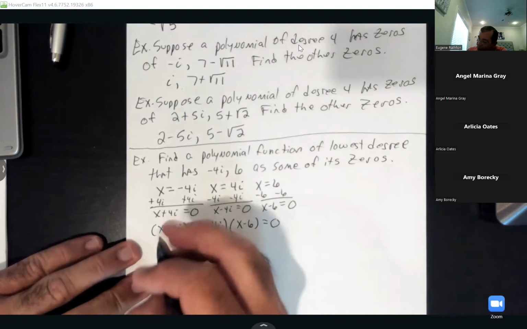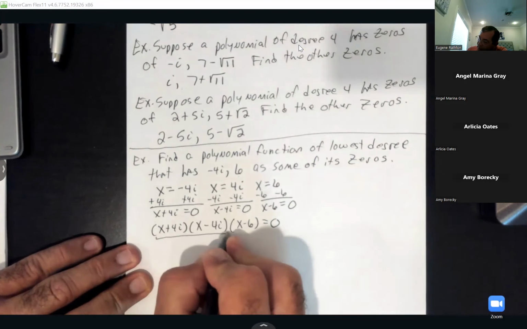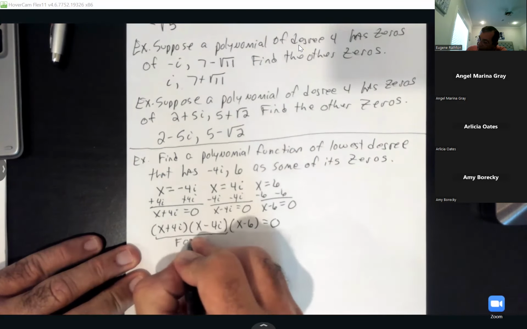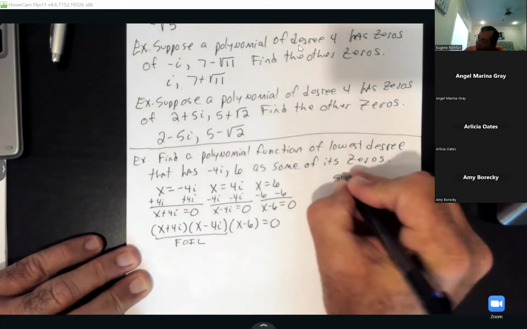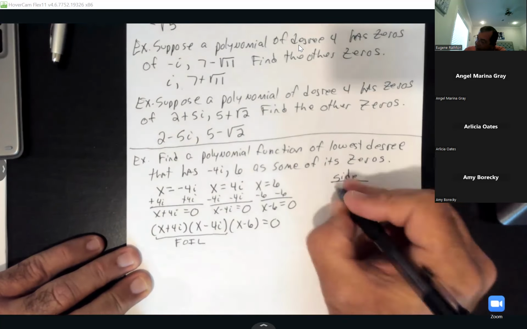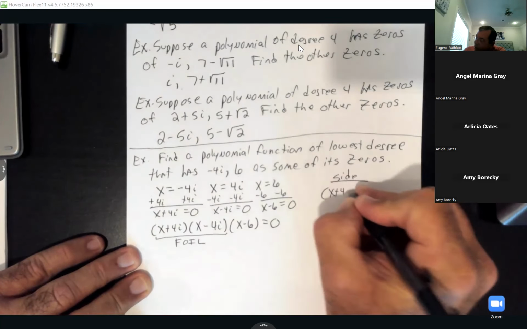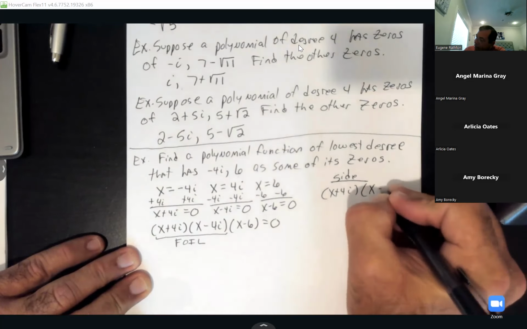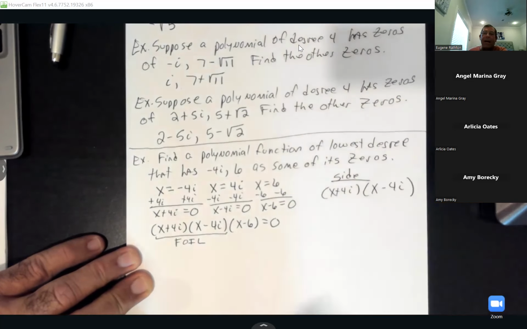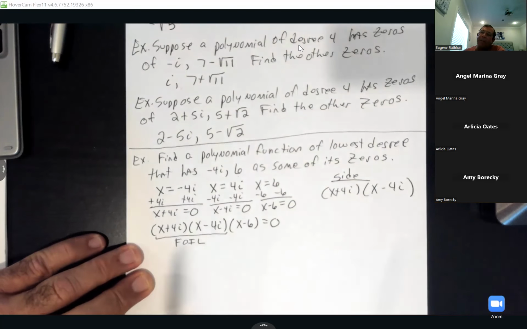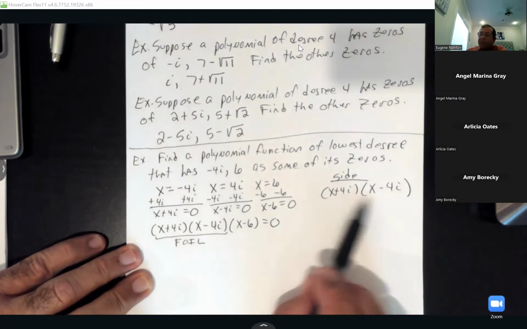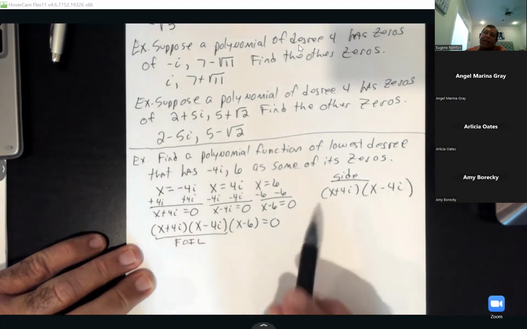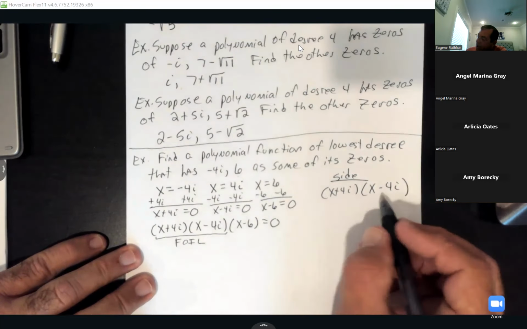So y'all, I'm going to start with the first 2 because I always start with this imaginary stuff. And I'm going to FOIL it on the side here. X plus 4i, x minus 4i. Now remember, when you FOIL these, it's always going to cancel out those middle terms because they're conjugates.